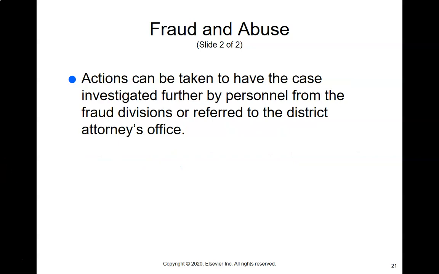Actions can be taken to have the case investigated further by personnel from the fraud divisions or referred to the district attorney's office. Healthcare professionals, clerical staff, and any others involved in workers' compensation cases are responsible for reporting potential abuse and fraud.